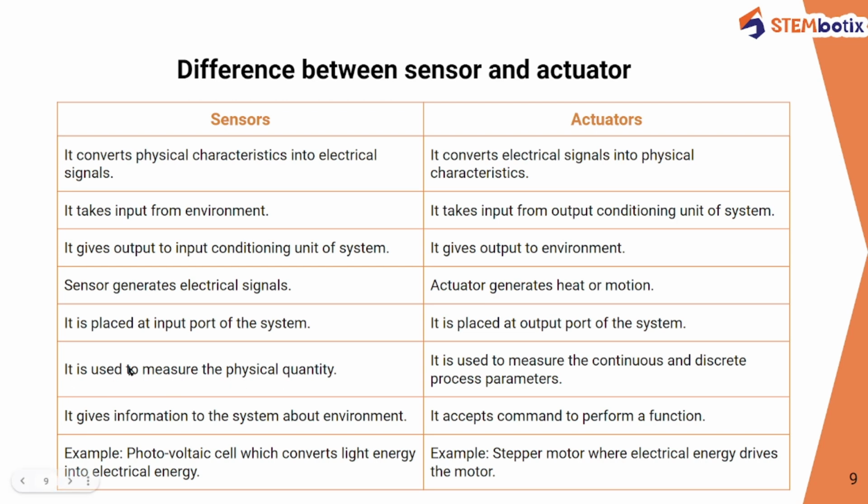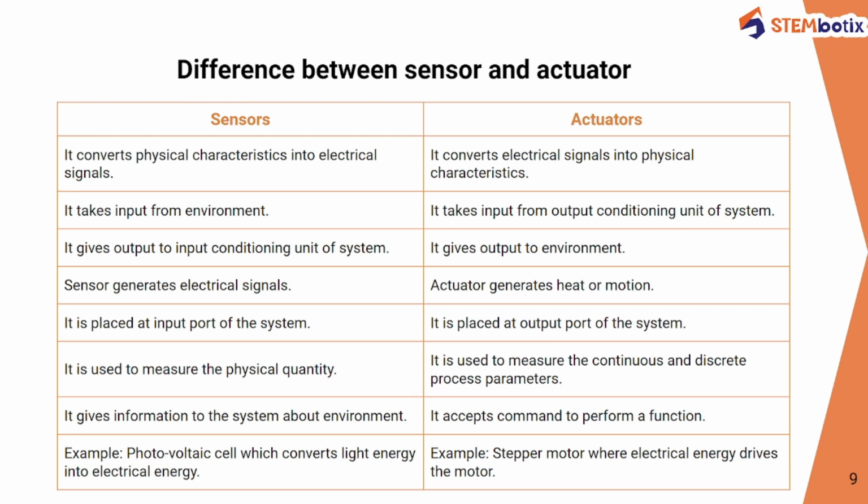The sensor takes input from the environment to perform the next function, whereas the actuator takes input from the output conditioning unit of the system.